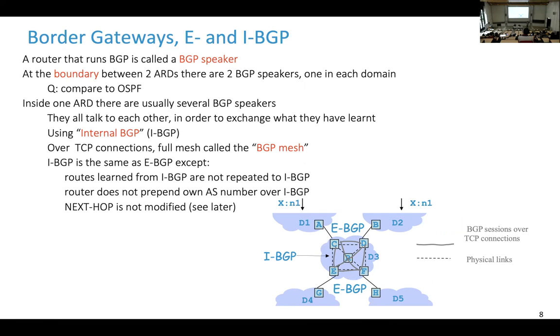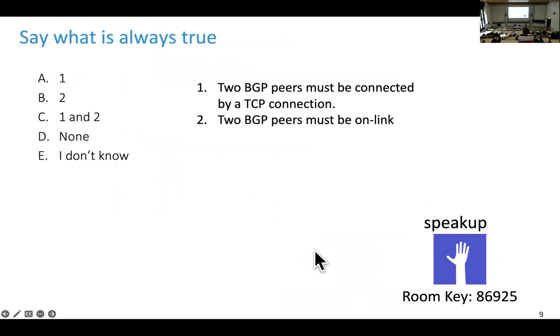And that shouldn't be a problem, because we use a TCP connection. Your peer could be anywhere inside the domain. That's one difference with OSPF. With OSPF, your neighbors, basically the ones that you talk with, are exactly on link.